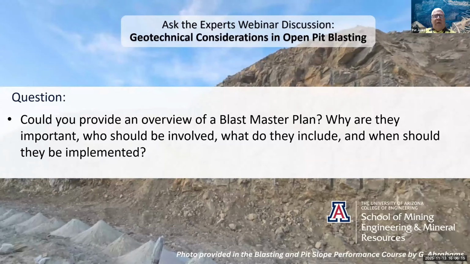Talk about the geotechnical domains and the design assumptions that go with them. Oftentimes when we receive a geotechnical report from a consultant or we develop it internally, we have some key criteria for that wall control shot.